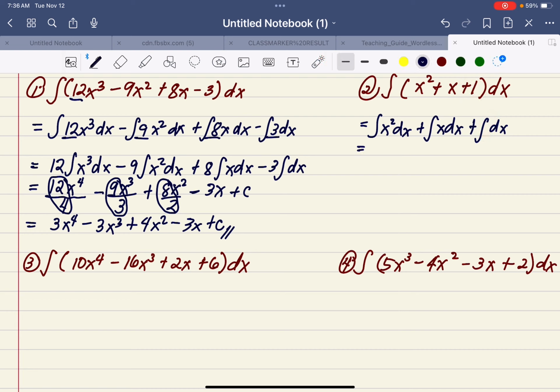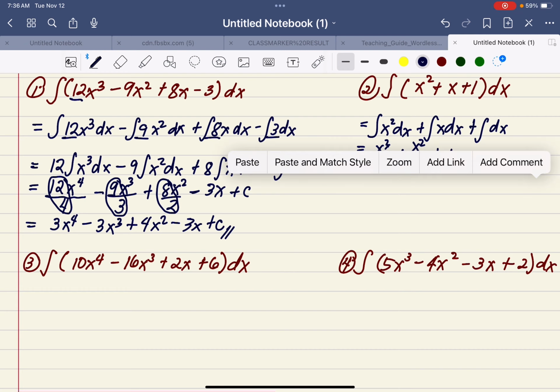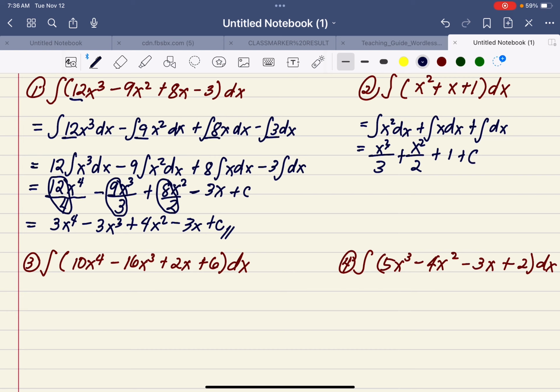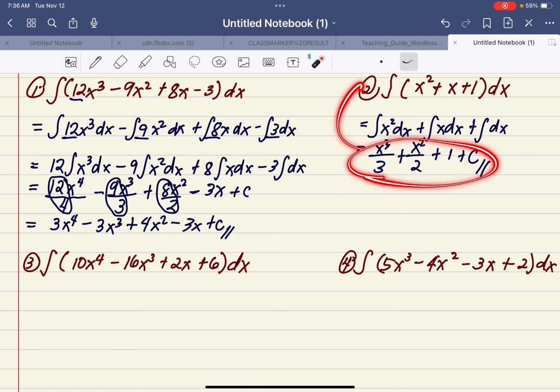So we have x squared plus 1 will become x cubed over 3, plus x. The exponent here is 1 plus 1 is 2, so we have x squared over 2, plus the integral of dx is x, plus c. And this will be the answer. So this is the antiderivative of this function.